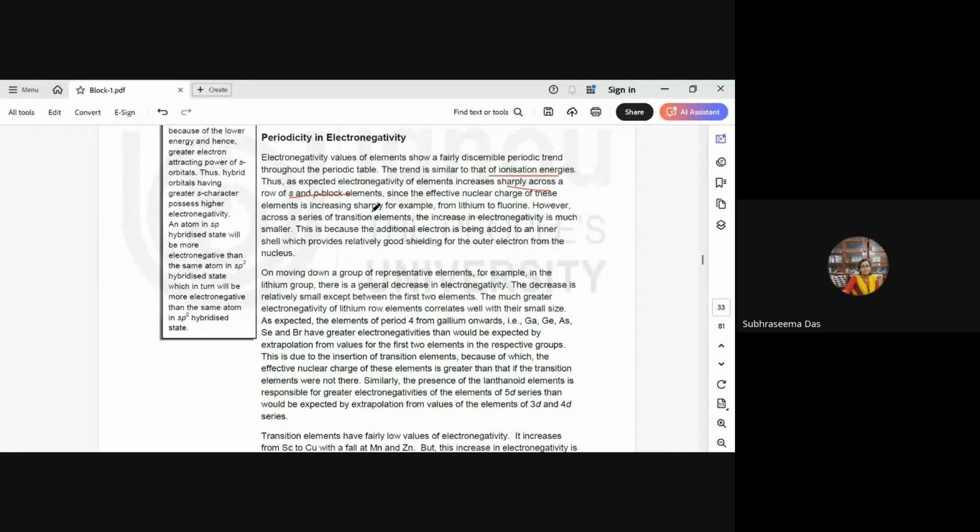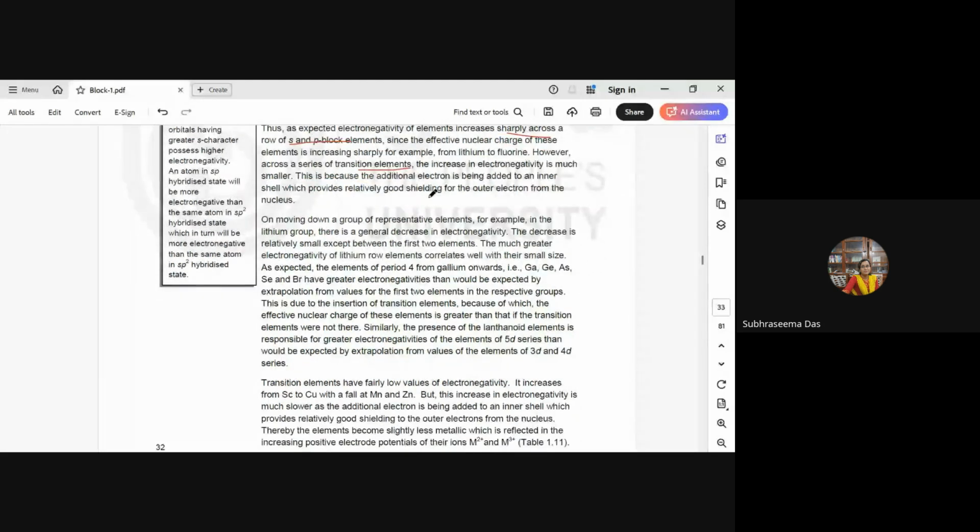But when we move across a transition element series, although it increases, the increase is much slower. Why? Because the addition of an extra electron in the transition series is to the d shell, which provides relatively good shielding for the outer electrons from the nucleus.